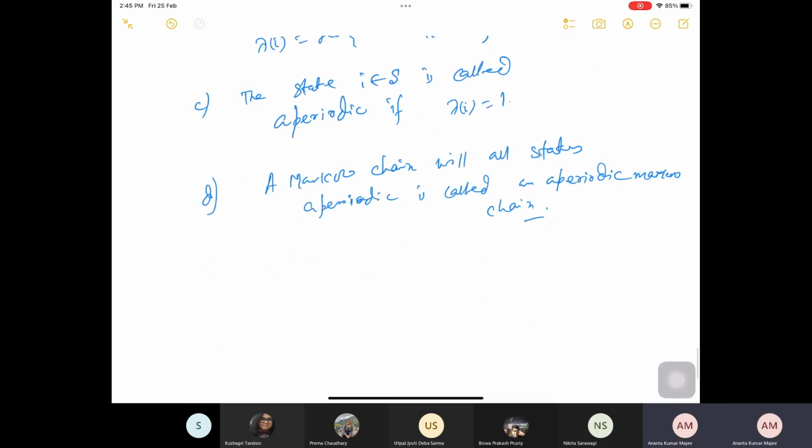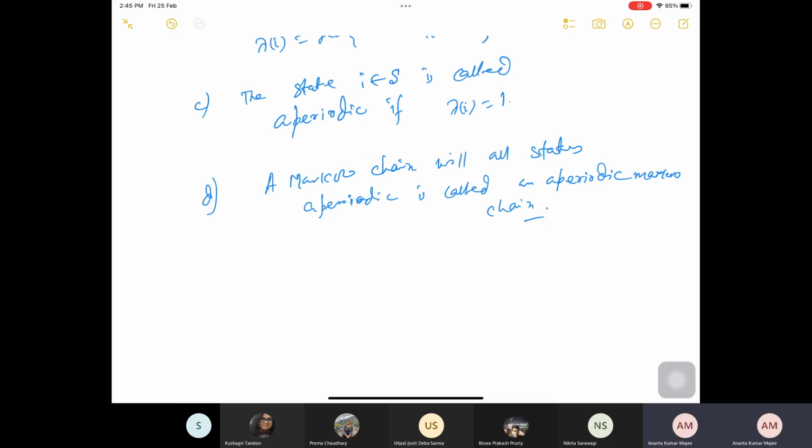Okay, I'll come back to an example of whether there exists an aperiodic Markov chain or not. Okay, so before that, it is interesting to see that suppose I and J, they communicate with each other. Okay, then what can you say about the period of state I and J? Intuitively, it should be the same, no?